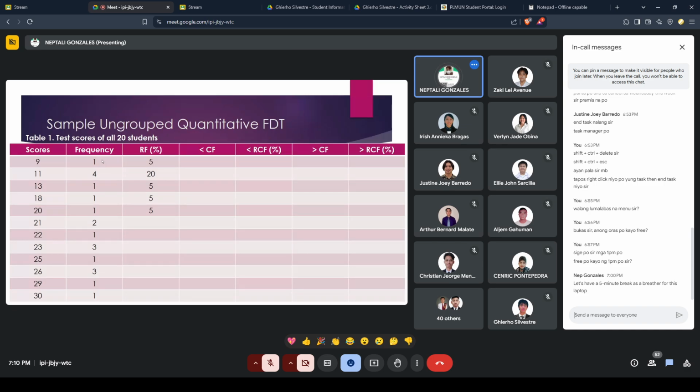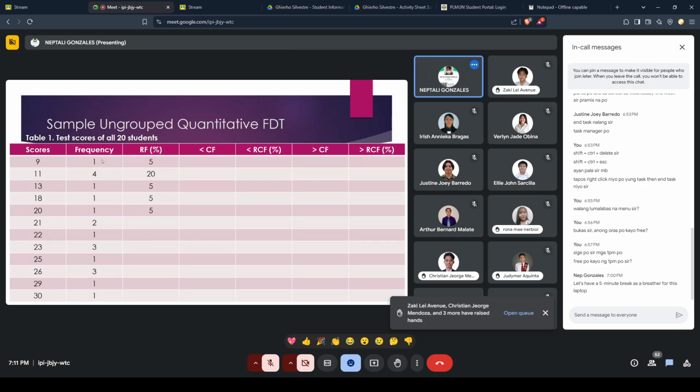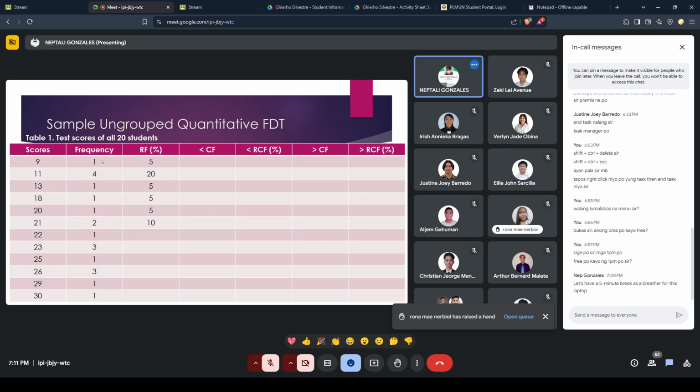So next, what is the relative frequency of the next? Christian. 10. Okay, 10%. Same, the 1 we had earlier, 5%. How about the 3?